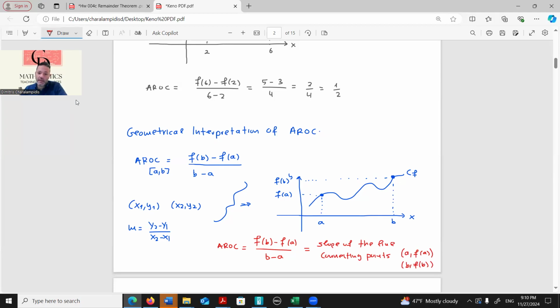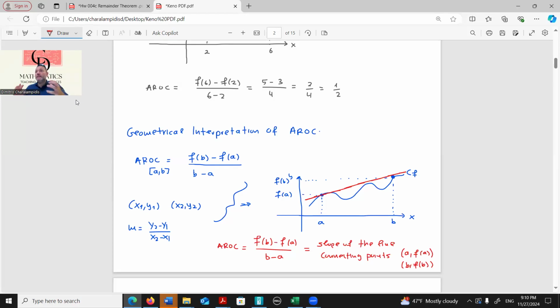So, in our case, it would have been the slope of that line. So, the average rate of change over an interval AB actually geometrically demonstrates the slope of the line connecting these two endpoints.